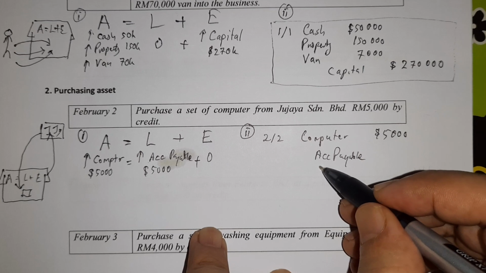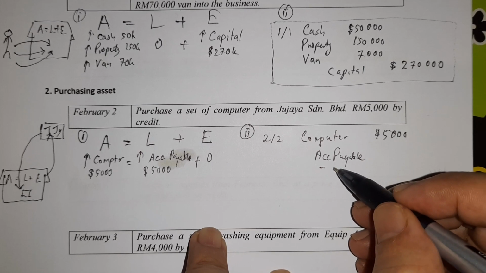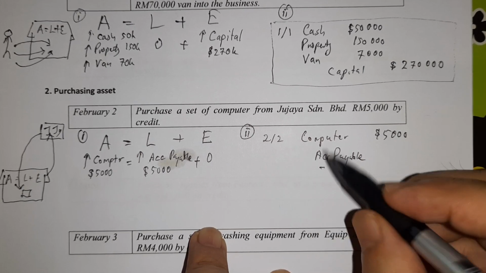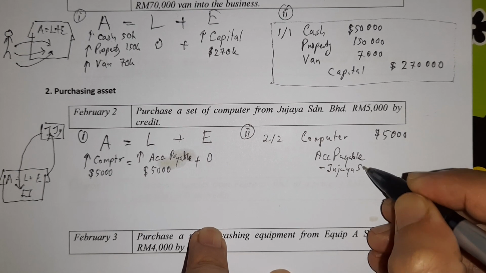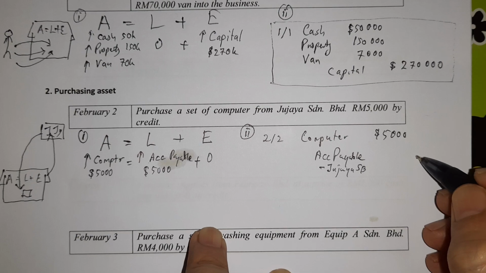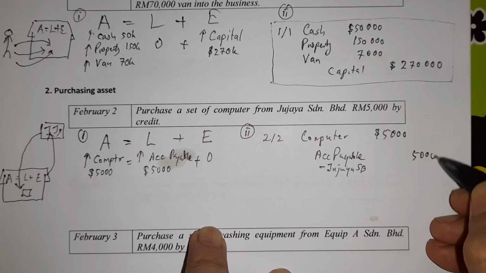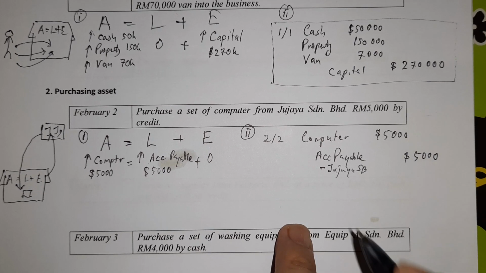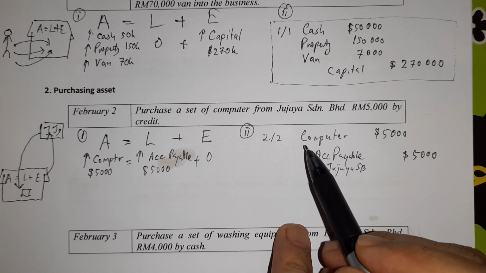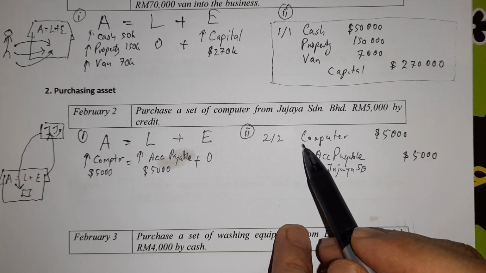Okay, you have to write the name of the supplier, Jujaya Sendrian Berhad. The amount is 5,000. Okay, remember, when you debit an account, you show the account a bit on the left.